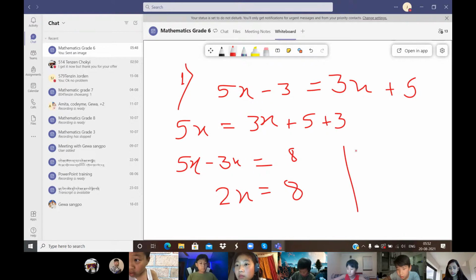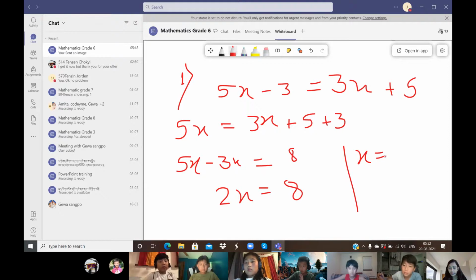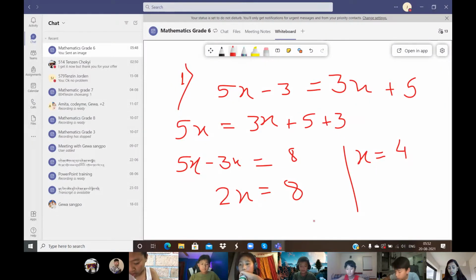Then what is the value of x? Can you tell me? 4. Yes, it's 4, because this 2 will transfer here, and when you divide 8 by 2, you'll get 4.